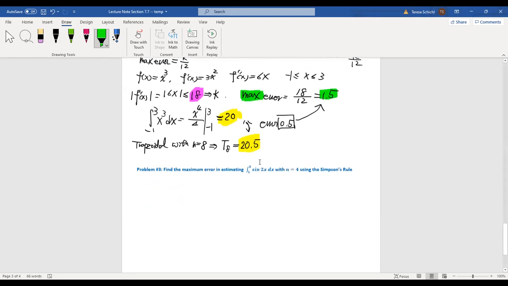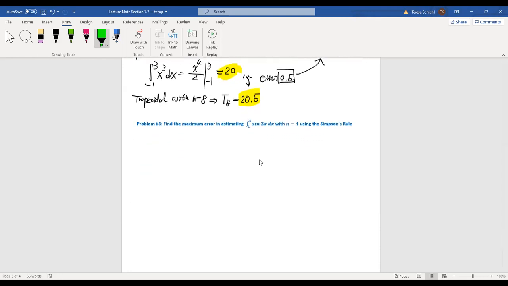Now let's take a look here. I want to find the maximum error for this integration using Simpson's rule. Based on the formula I wrote, the max error will be K times (b minus a) to the fifth power, over 180 n to the fourth. Here b minus a is 2 to the fifth power, then 180 times n, which is 4, to the fourth.